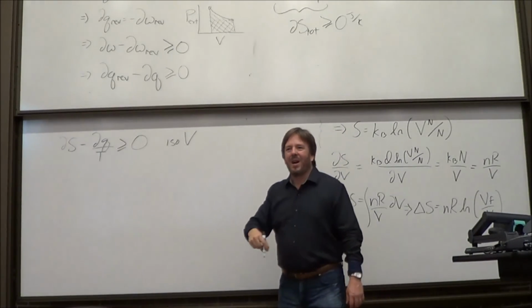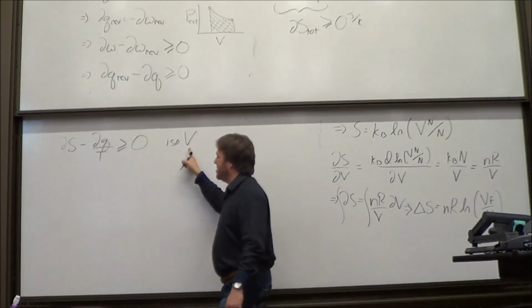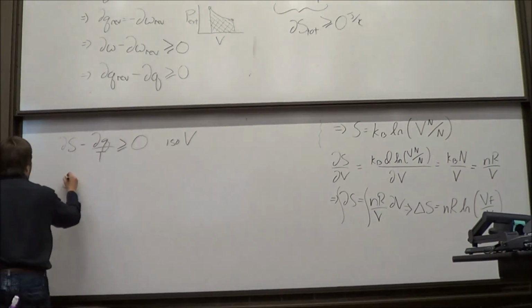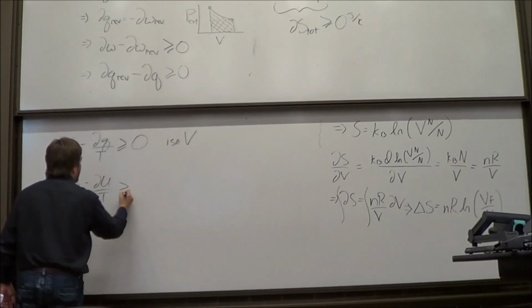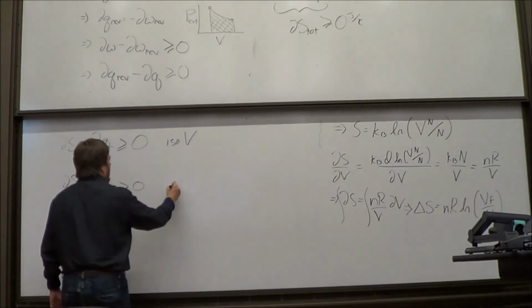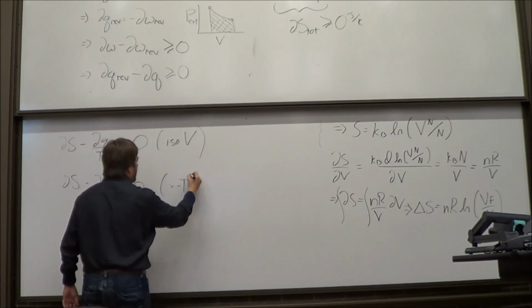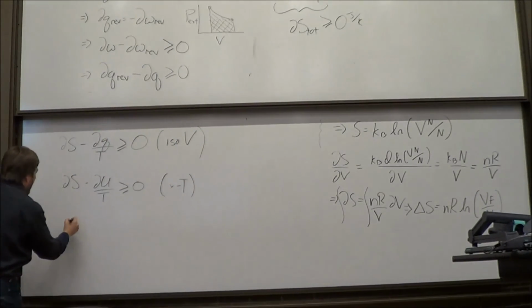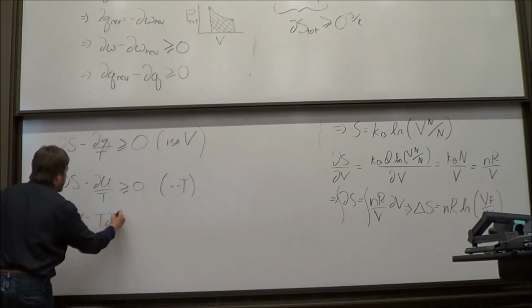Change in U. Right, remember, change in U is change in heat plus change in work, but there's no change in work because I'm at constant volume. Okay. I've done that. Now what I'm going to do is multiply times minus T. And so now what I've got is change in U minus T change in S.